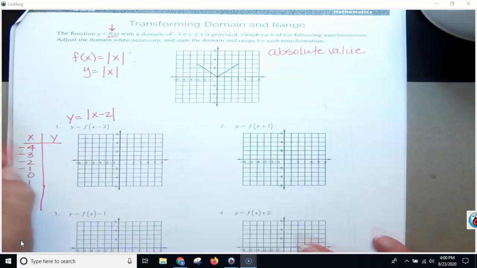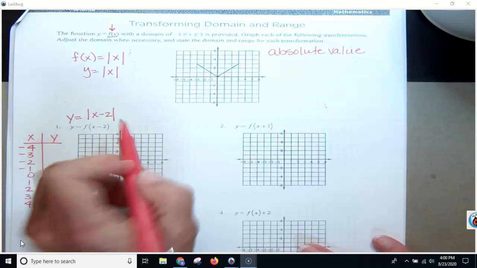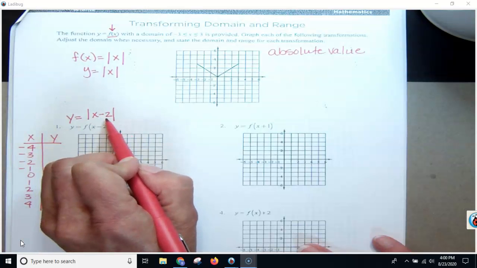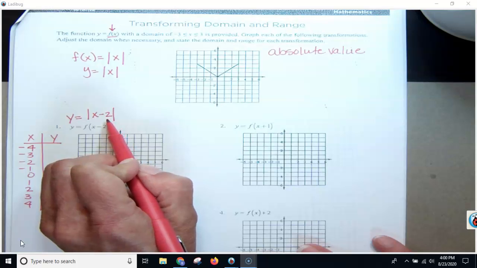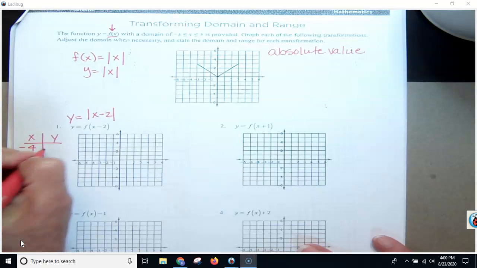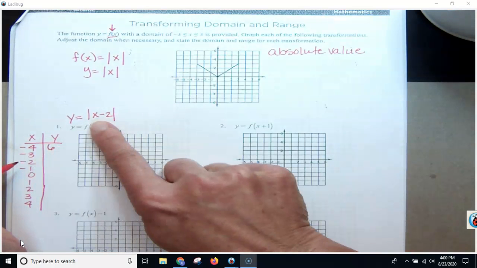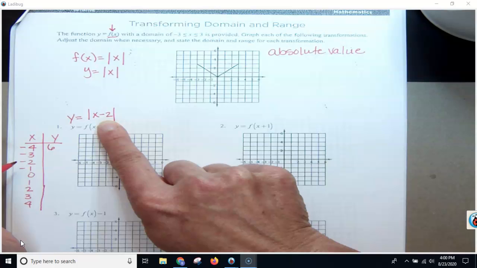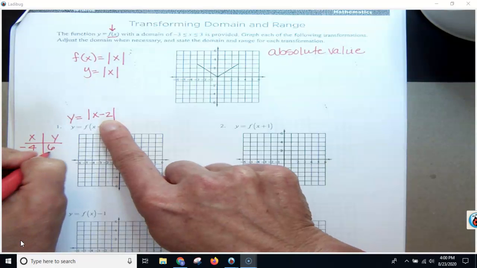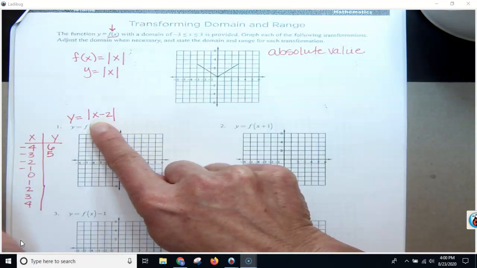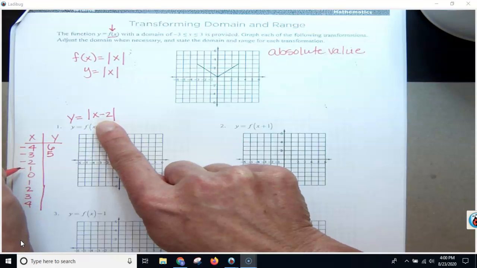So if x is -4, I'm going to have -4 minus 2 is -6. Absolute value of -6 is +6. If x is -3, -3 minus 2 is -5. Absolute value of -5 is +5. -2 minus 2 is -4.